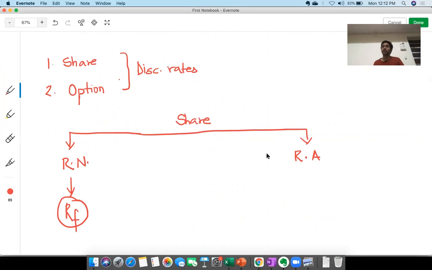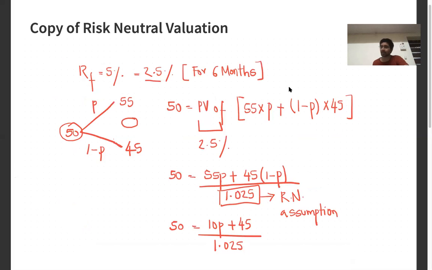Okay, for a risk-averse investor, his required rate of return would have actually been CAPM. Okay, if a risk-averse investor were doing the same exercise that we are doing over here, he would have discounted the expected sale proceeds with the CAPM discount rate. Okay, not with the risk-free rate, because he knows that he is entering into an instrument where the cash flows are not certain. The cash flows could be either 55 or 45.